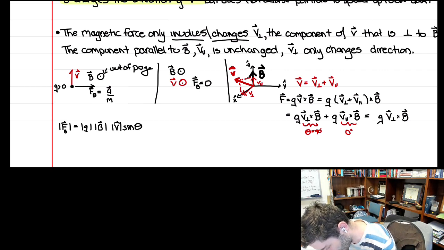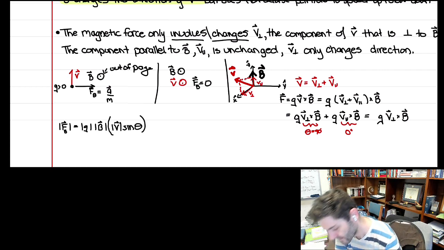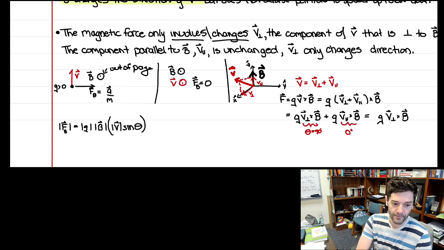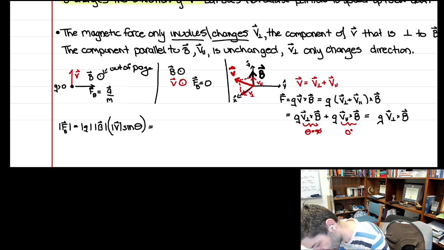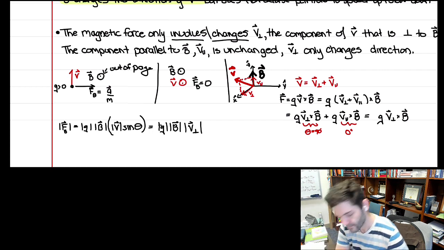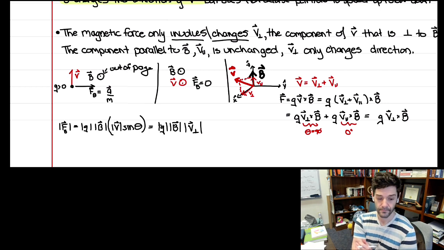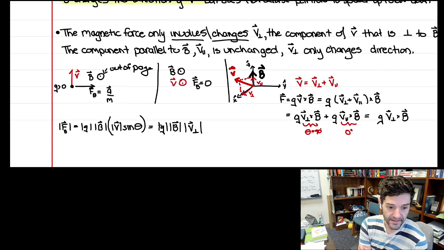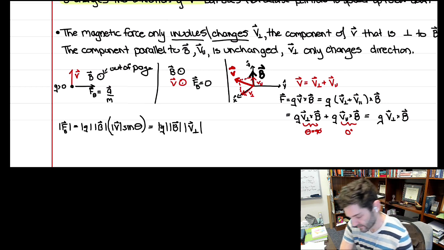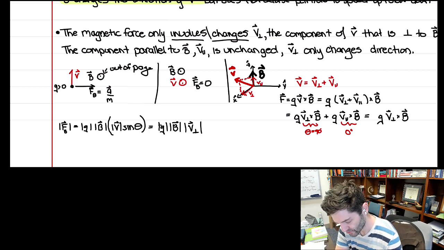But then you might see, aha, v sine theta. v cosine theta, we talked about how that's the parallel component. v sine theta, this is just q B, and this would be v perpendicular in that case. So what this implies is that the perpendicular component is what gets changed.